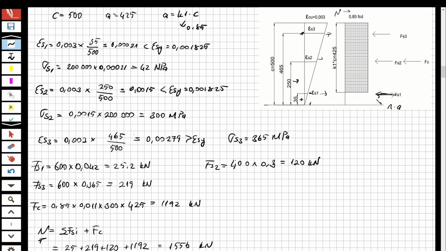So I'm going to take the moment with respect to the midpoint again, for example this point. The midpoint force cannot create any moment, but F concrete can create a moment because it acts at this point here. It's going to be 425 over 2. So we won't take just this force.